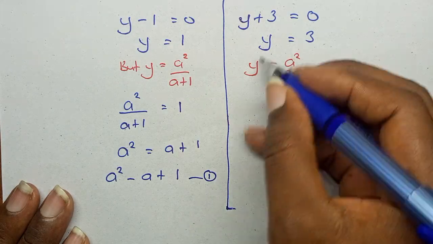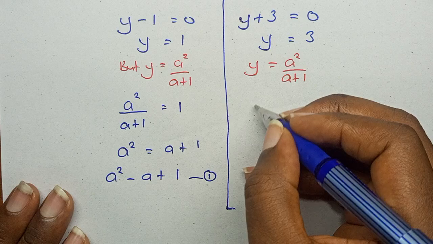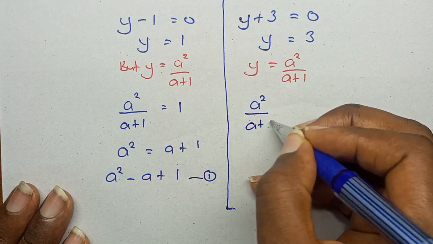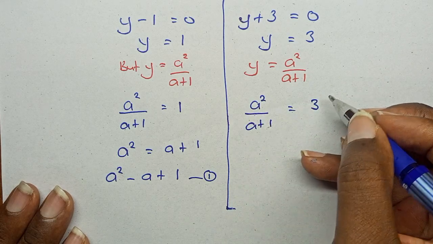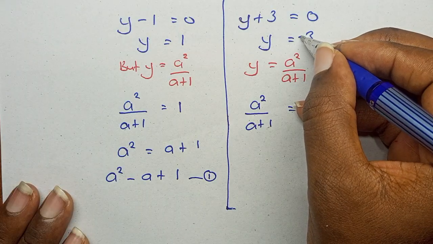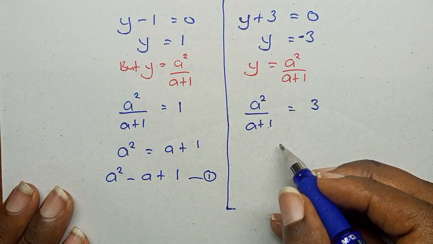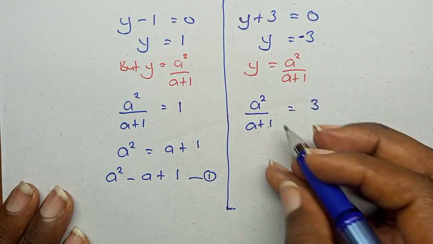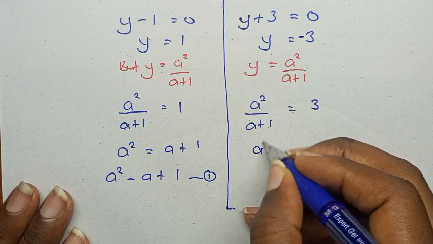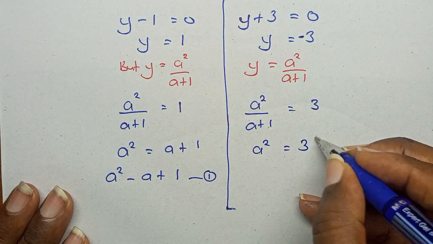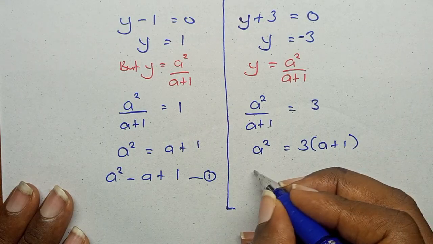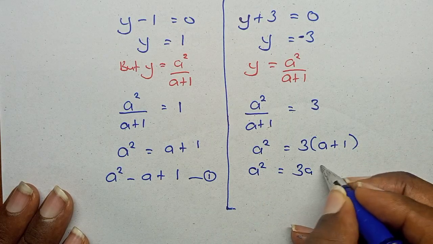So for this side, replace y with this, a squared over a plus 1 is equal to 3. This is negative 3. When it crosses, negative 3. So we shall have a squared being equal to 3 into a plus 1. So a squared is 3a plus 3.